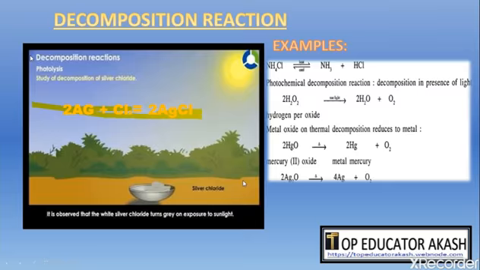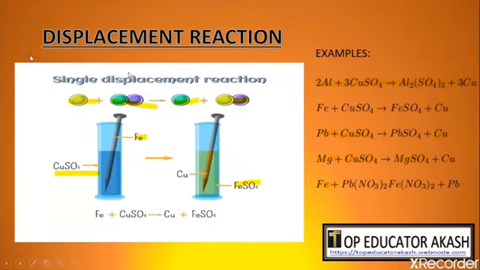The next reaction is the displacement reaction. Here a reactant displaces another reactant from a compound. It basically takes place in metals. Example: this is CuSO4, copper sulfate solution. It is blue colored in solution.